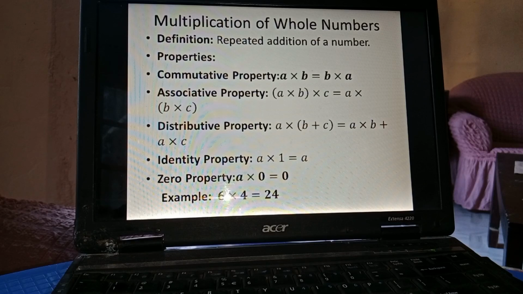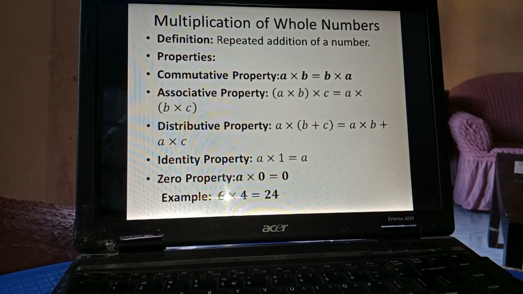Let's check the other side. We say 2 times 3 times 4. What is 3 times 4? 12. 12 times 2 is 24. So the answer is the same.